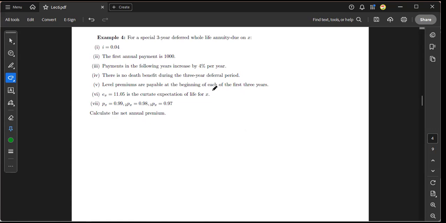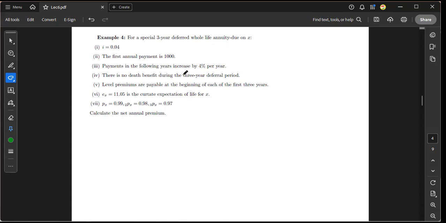So now the payments are also increased. There's no death benefit during the 3-year deferral period. That means during the first 3 years, we don't have any death benefit payment. That means this is a deferred coverage. And as I say, it's a special 3-year deferred whole life annuity due.